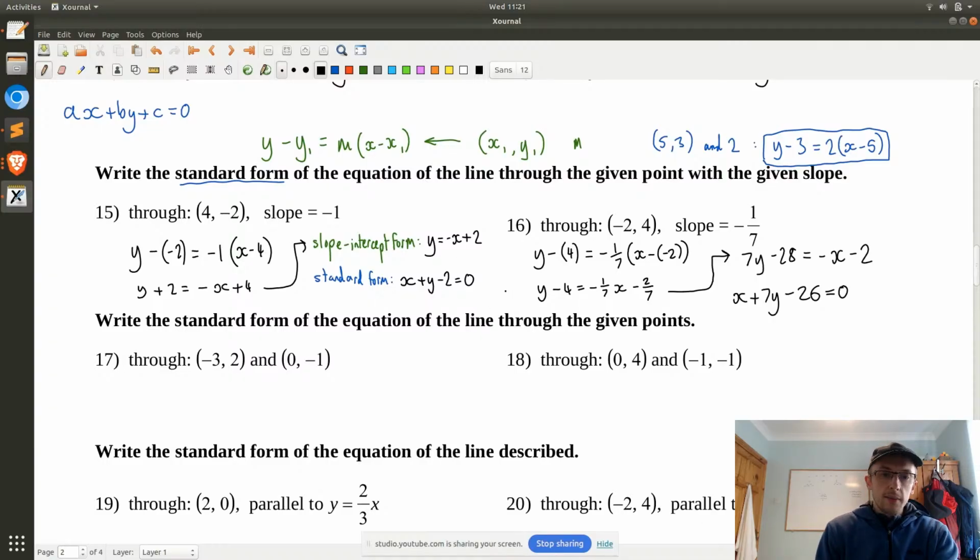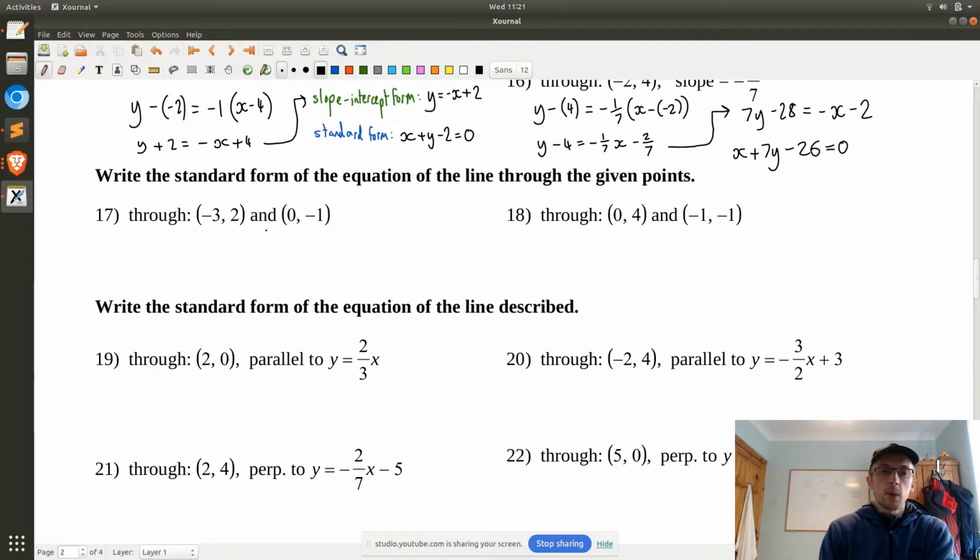Now we have the situation where a line is passing through two given points. So what do we do? Well, you need to figure out the slope, surely. And the slope is the change in y divided by the change in x, which we symbolize as delta y over delta x.